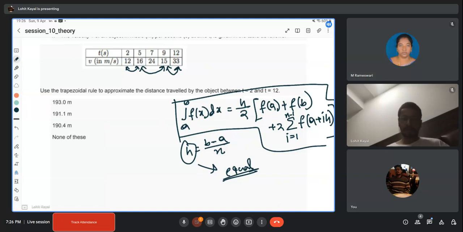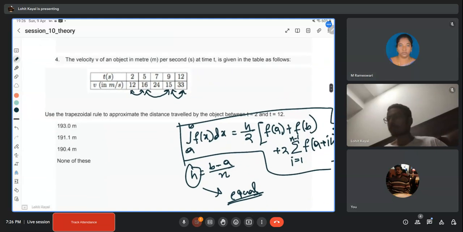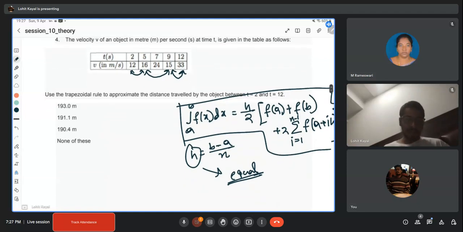Now for the first 2 points, your a is 2 and b is 5.